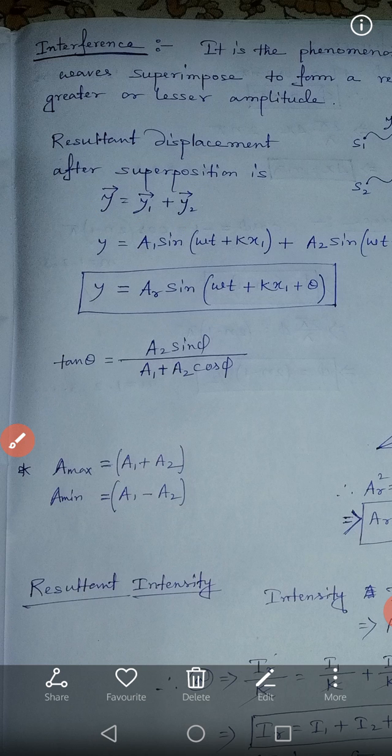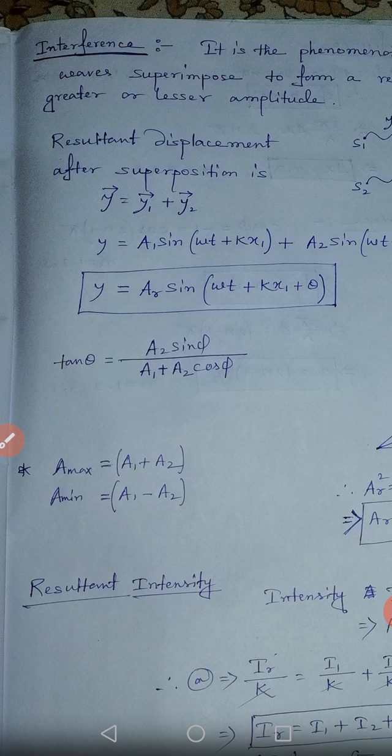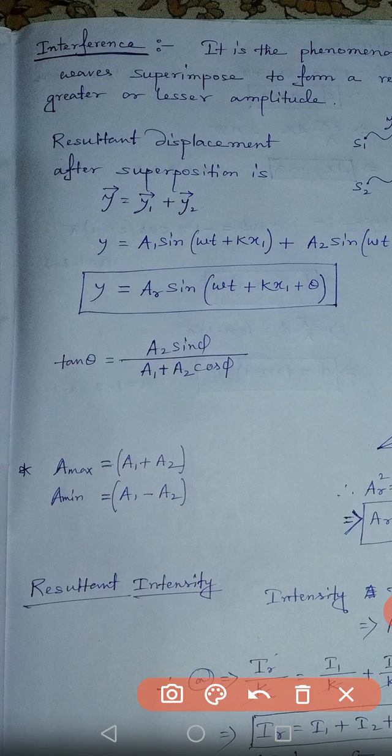Now let us see what the phase of a wave is. Just as an example, this is the source of one wave and this is the source of another wave, and both waves reach a certain point, this one.